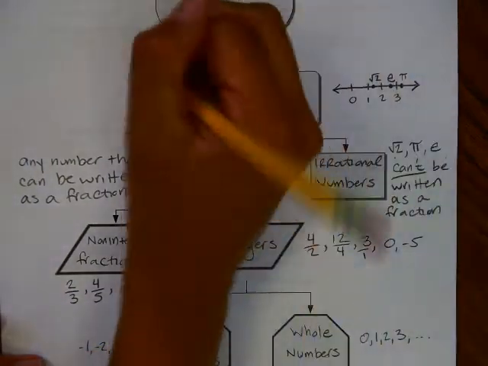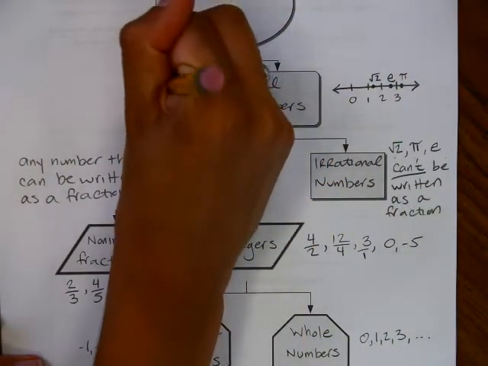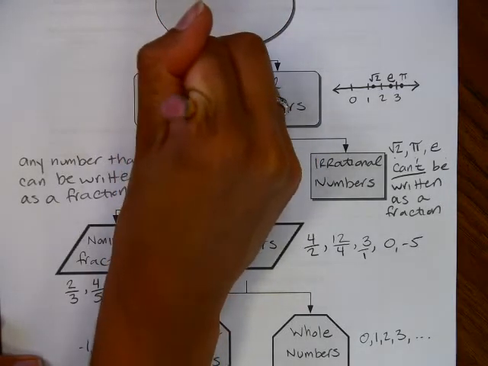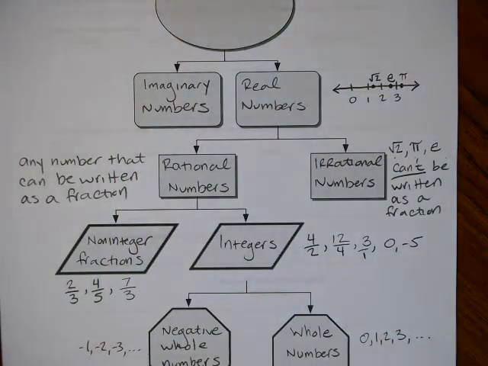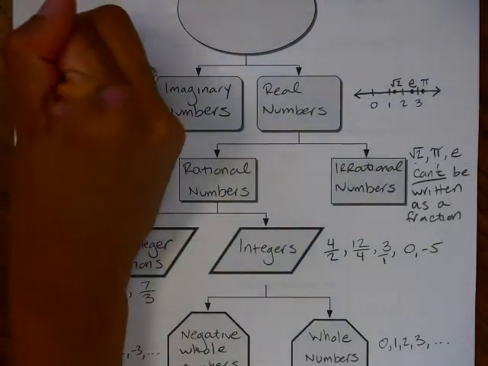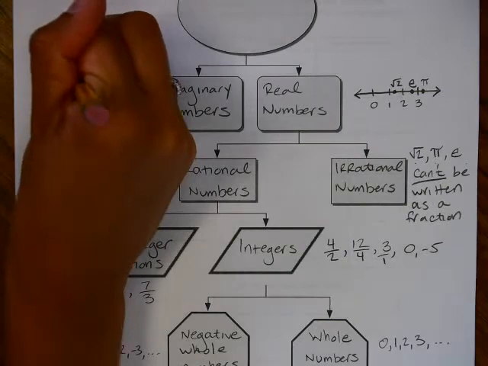Opposite of real? Imaginary numbers. So imaginary numbers, well, numbers that can't be found on a number line for one, but also remember, square root of -1 is i.